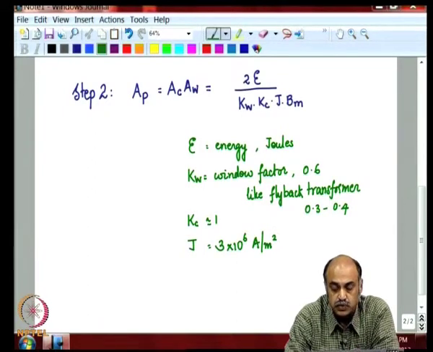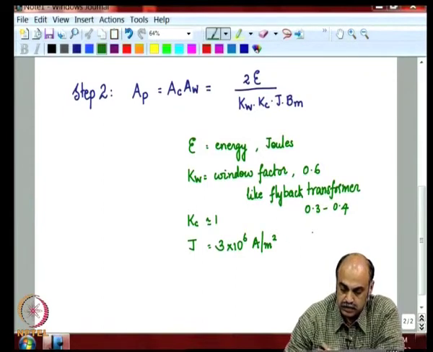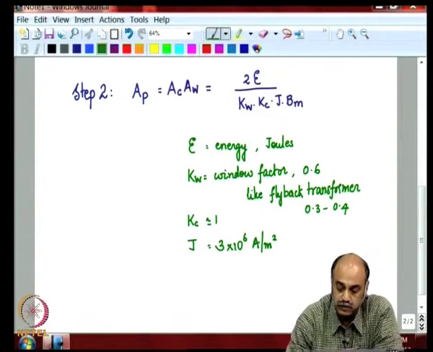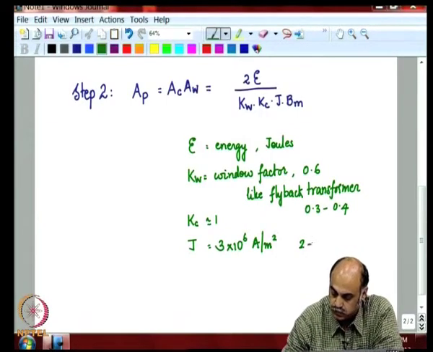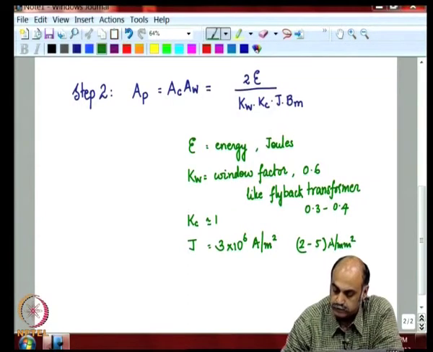This is a designer choice, and depending upon the power levels, the designer would choose a current density for the copper in between these ranges, that is 2 to 5 amp per mm square.